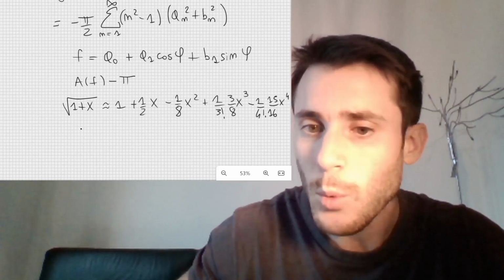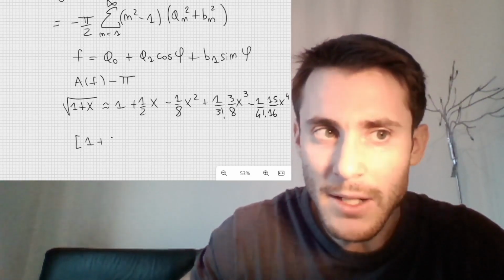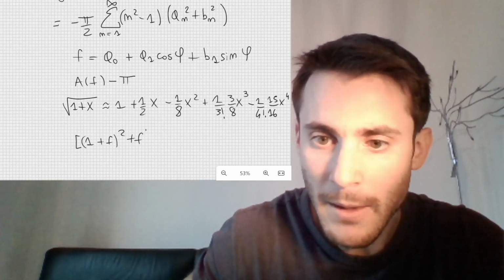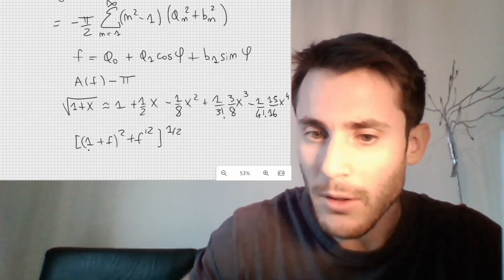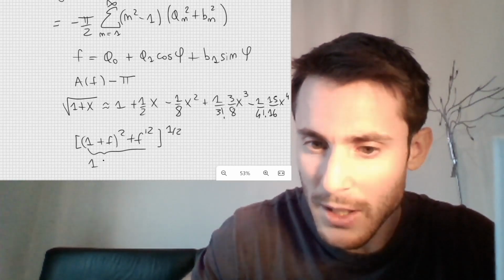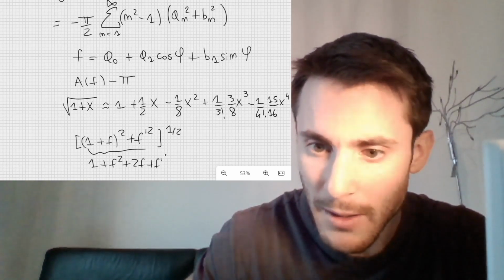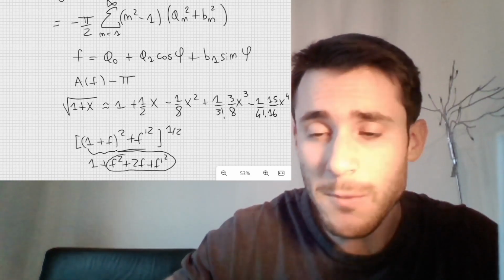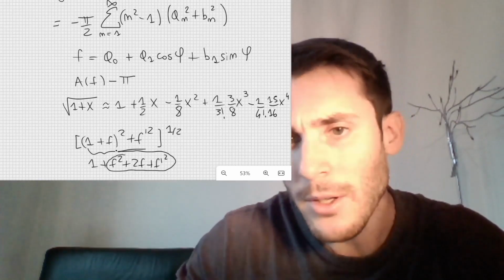And we have to use this formula in order to expand 1 plus f squared plus f prime squared to the power 1 half. So you can rewrite this, of course, as 1 plus f squared plus 2f plus f prime squared, and this is x. So you have to expand this and consider high order terms, but we will not do it.